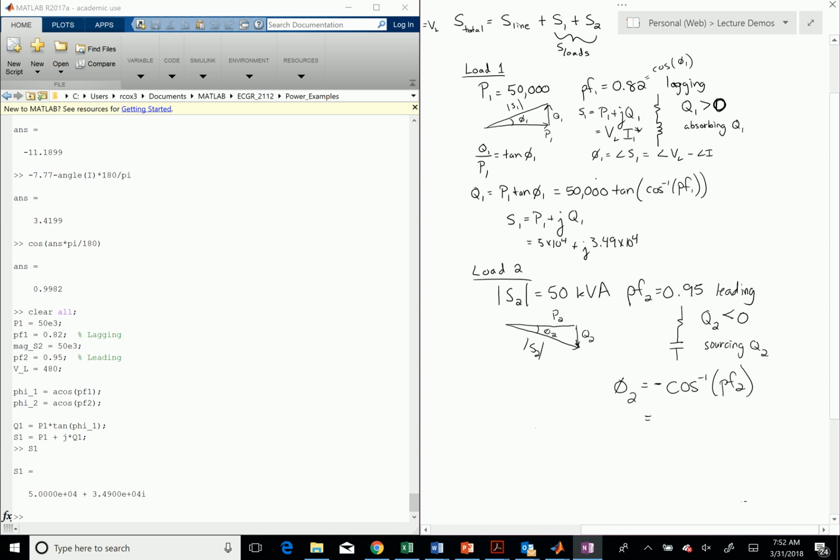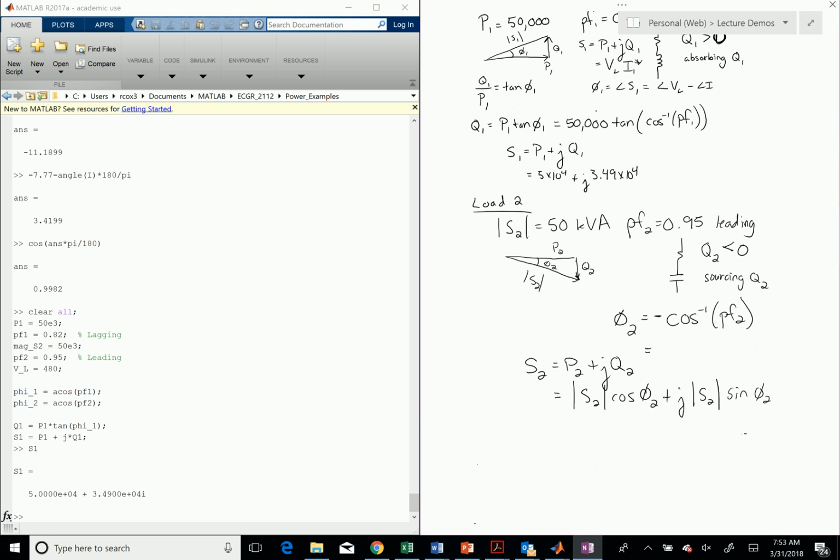Then it's pretty easy to figure out P and Q. I know that S2 equals P2 plus jQ2, which is the magnitude of S2 times cosine of phi 2, plus j times the magnitude of S2 times sine of phi 2.